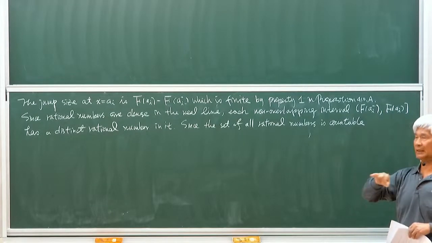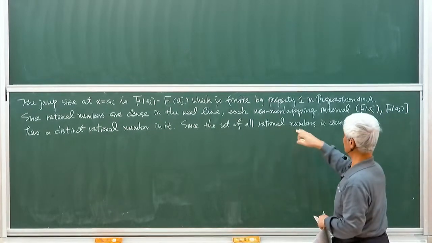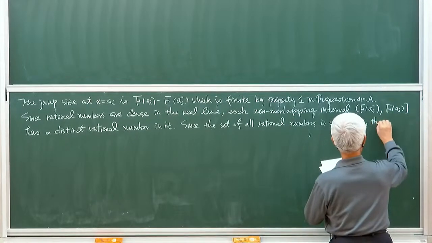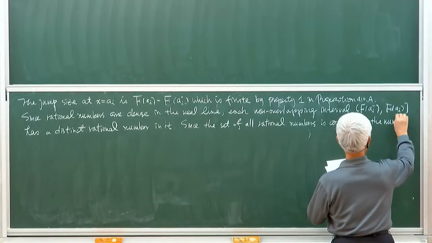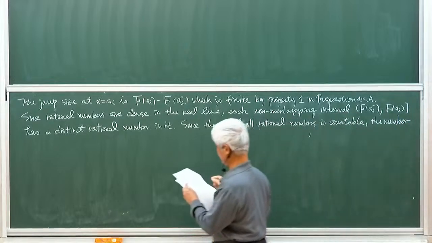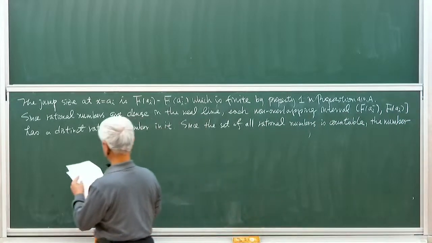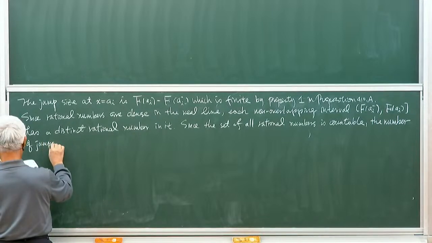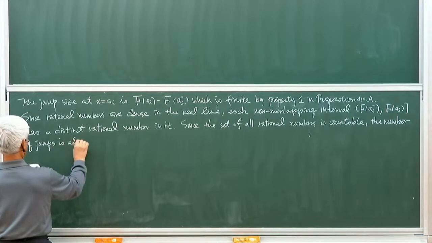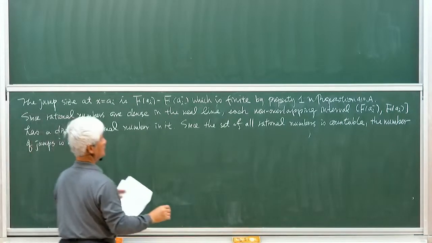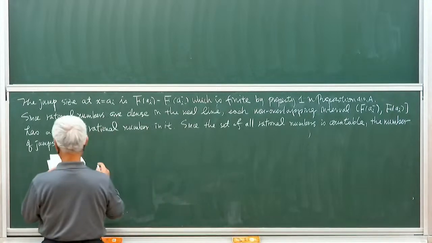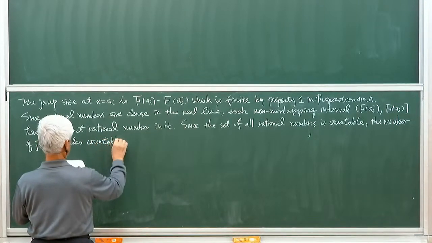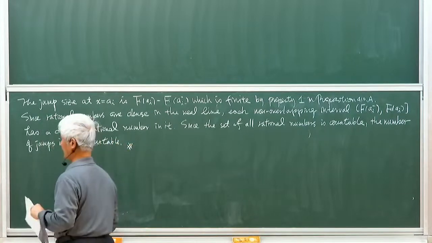So the set of all rational numbers is countable, right? That means the number of jumps is also countable.